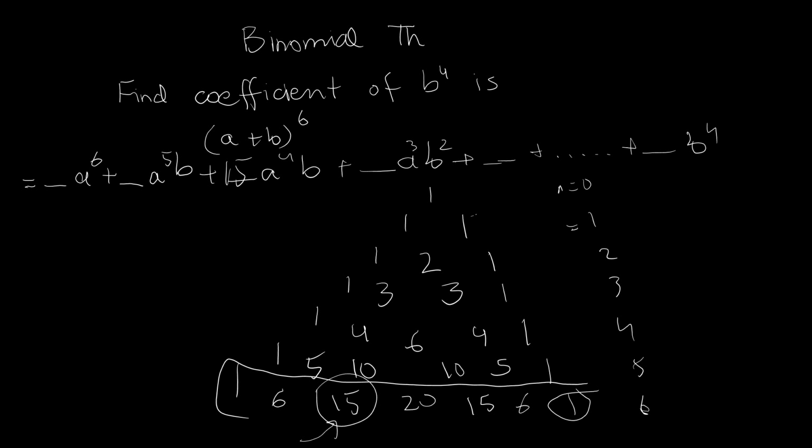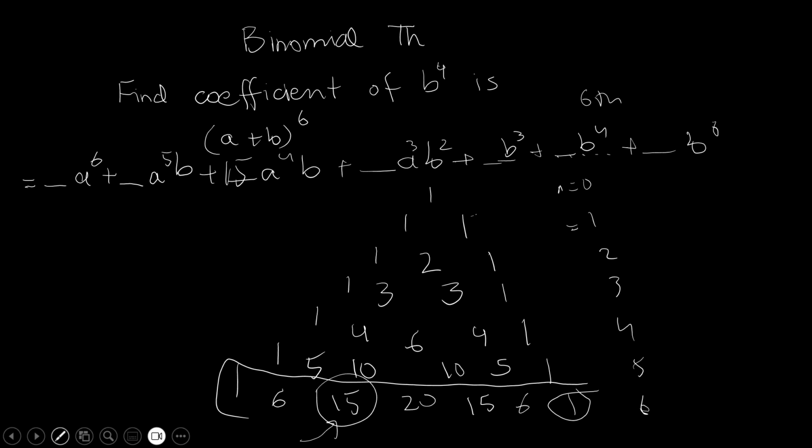In every case, the last term has the coefficient 1. And if they ask us for b to the power of 4, then you have to continue expanding. We know we'll have the cube here, and then the 4 in the very next term. So it will be the 1st, 2nd, 3rd, 4th, 5th term.